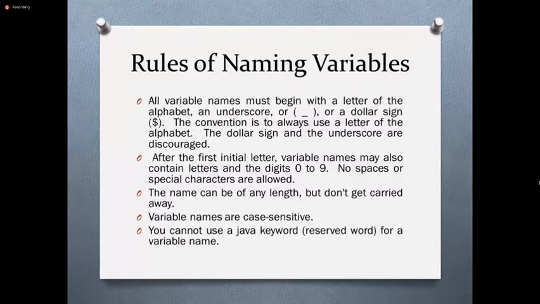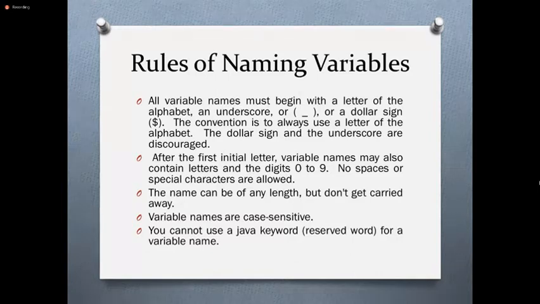of the alphabet. Then after the first initial letter, a variable name may contain letters and the digits 0 to 9. No spaces or special characters are allowed in the variable name. The name can be of any length, right? There are no restrictions on the length of the variable name, but you should keep in mind that you have to type this name.